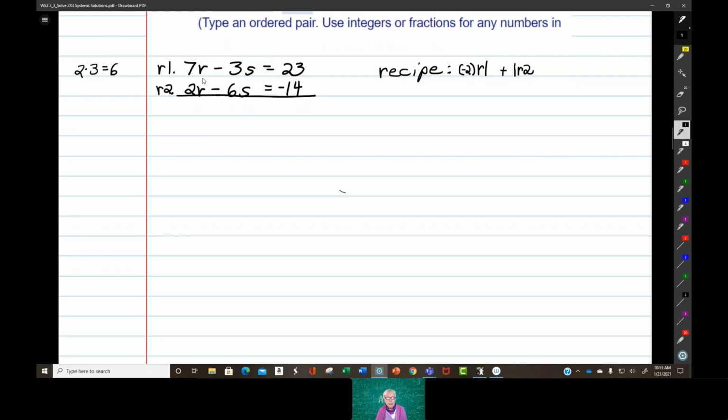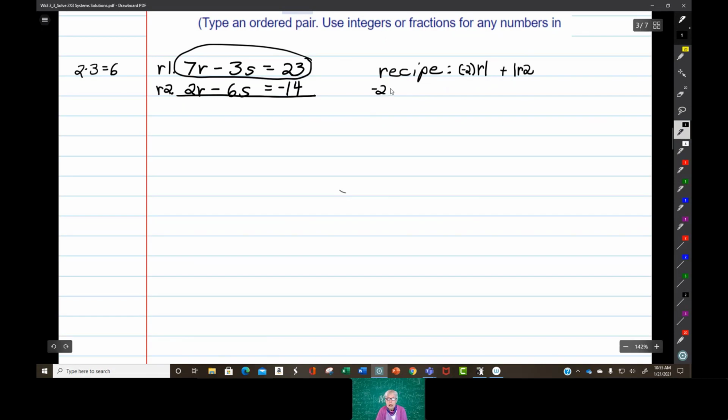Now, R stands for row here, and I'm not talking about the R's. But notice I am talking about multiplying the entire row 1 by -2. Okay? This is what I'll get if I do it this way.